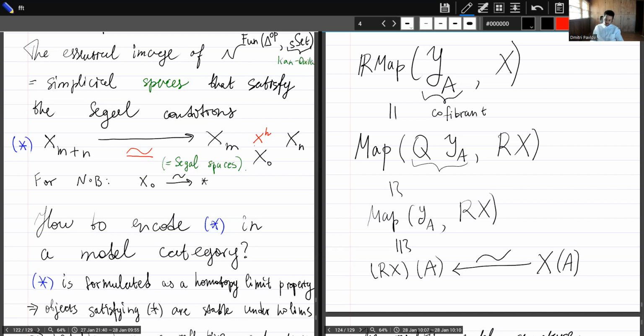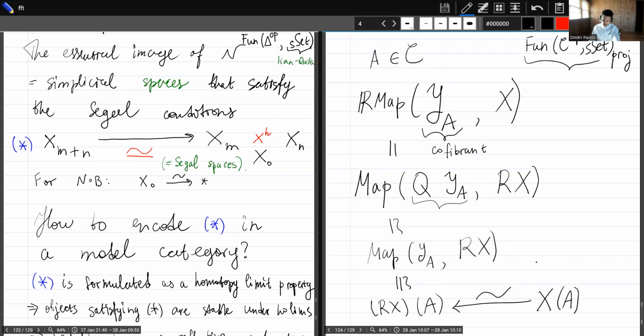Being a fibrant replacement is precisely what guarantees this map is a weak equivalence. In fact, in a model structure, it will even be an acyclic cofibration. So altogether, I constructed for you a natural, canonical, functorial weak equivalence from X(A) to the derived mapping space.